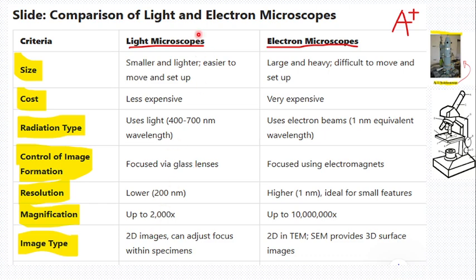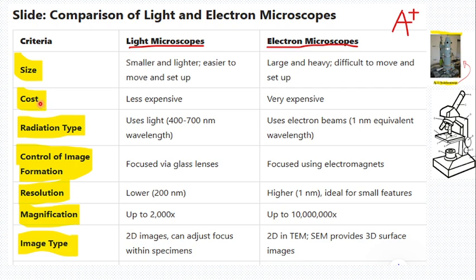Okay, it's time to compare now light microscopy and electron microscopy. In terms of the size, means smaller, too light, easy to move. This light microscope is small, as you are seeing here, but the magnification is not good, because this one is supposed to be big, but this one is supposed to be small. In terms of the size, the light microscope is small, while this one is big, large.